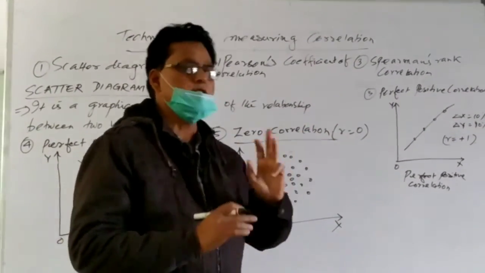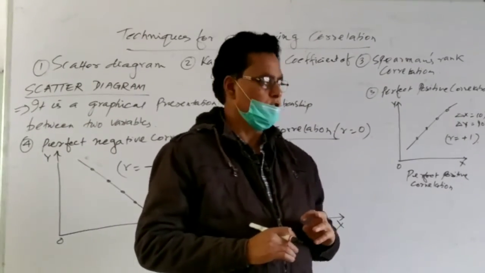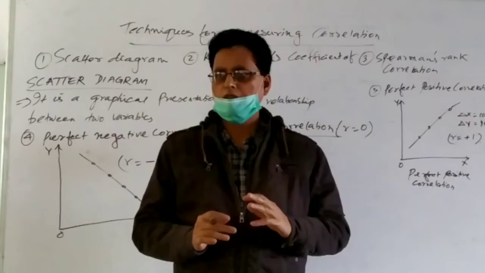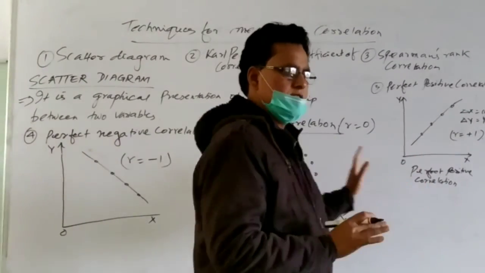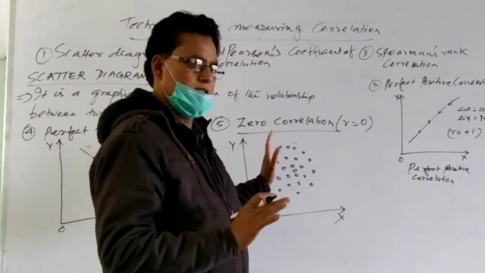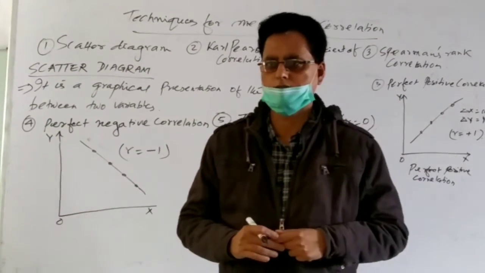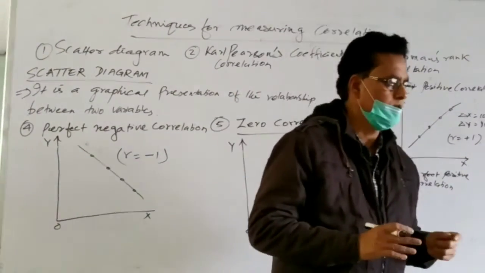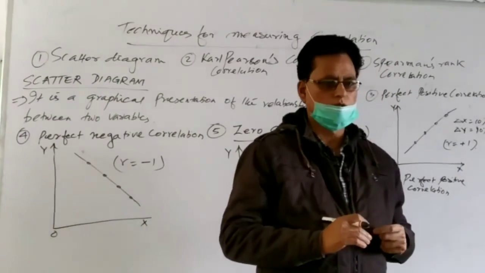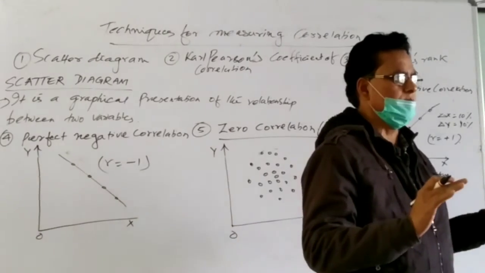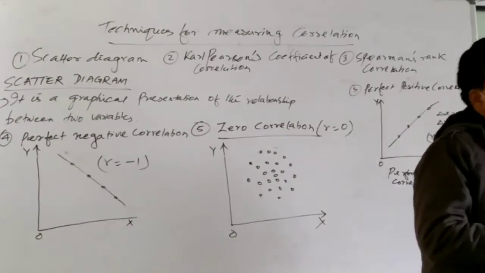Yes, sir. So let us see what we have learned today. We have discussed the scatter diagram. What is the scatter diagram? It is the graphical representation of the relationship between two variables.